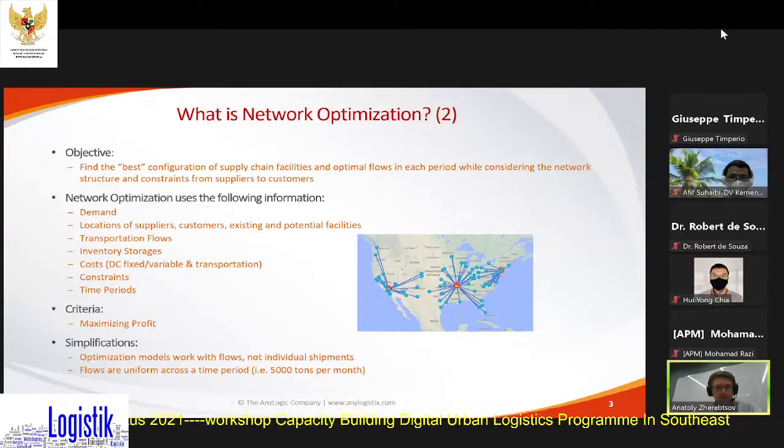Of course, when we talk about network optimization, it's not a one-to-one correspondence to a real-life supply chain. We use certain simplifications, and actually they are the following. We deal with flows and not individual shipments.